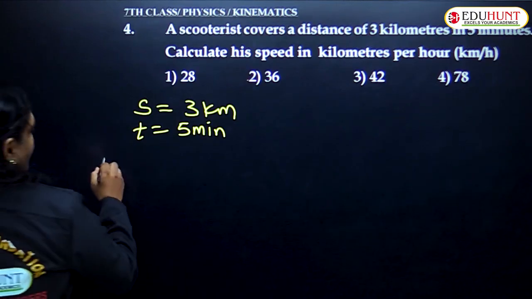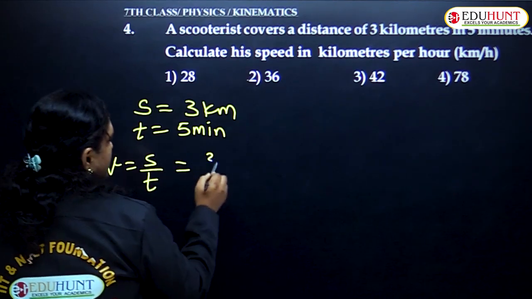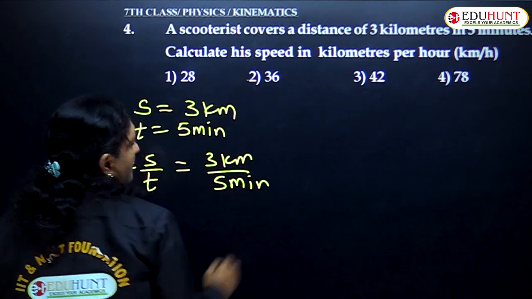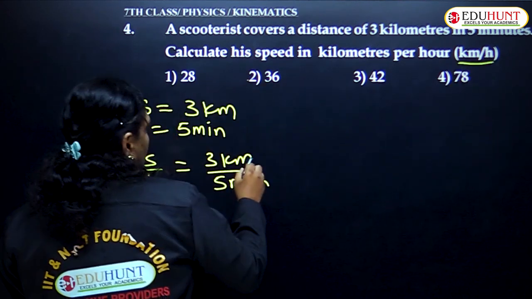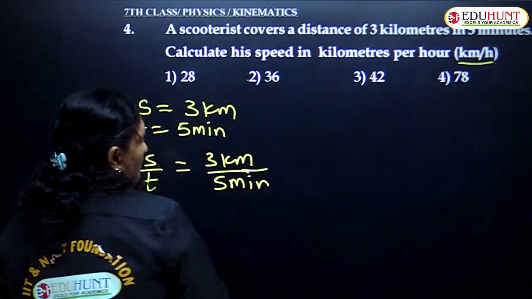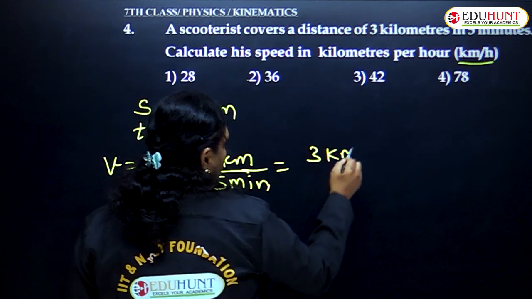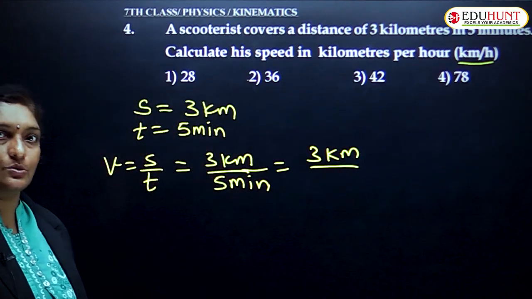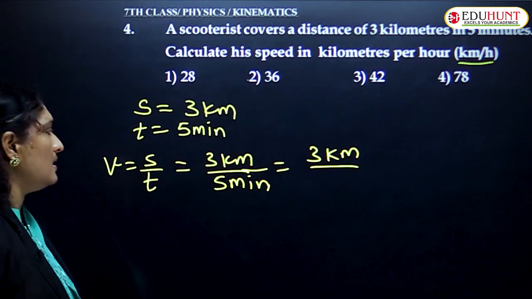Okay. So, speed is distance by time. Distance is 3 kilometers upon 5 minutes. But you want the answer in kilometers per hour. So, no need to convert the kilometers. We only need to convert the minutes. Children, we know that 1 hour is equal to 60 minutes. So, 1 minute is equal to 1 by 60 hours.